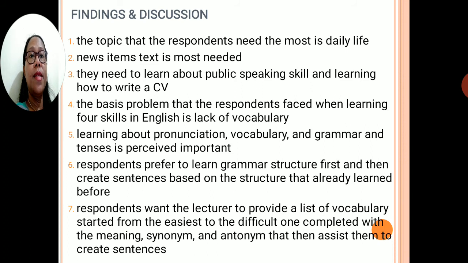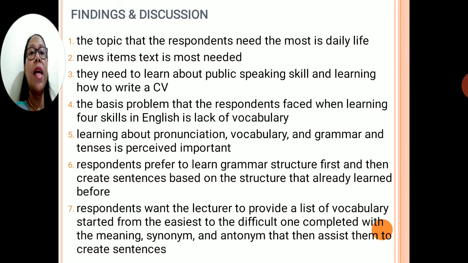So here are my findings and the discussion. The first one is the topic. I found that the topic that the respondents need the most is daily life. Second, items text is most needed.